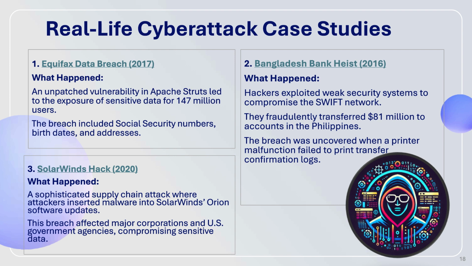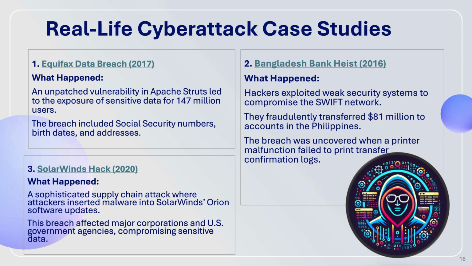The impact was that the breach affected major corporations and US government agencies, compromising highly sensitive data. The key lesson to learn here is that penetration testing could have helped identify how attackers bypassed defenses, enabling better prevention strategies.